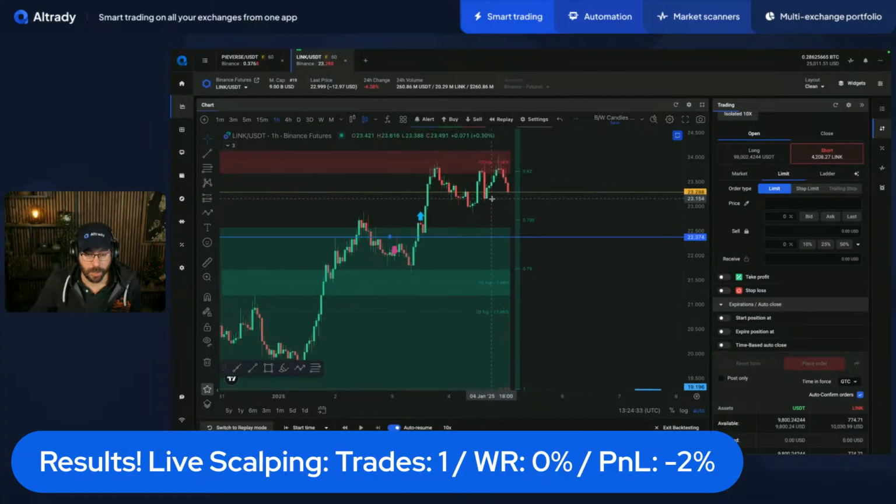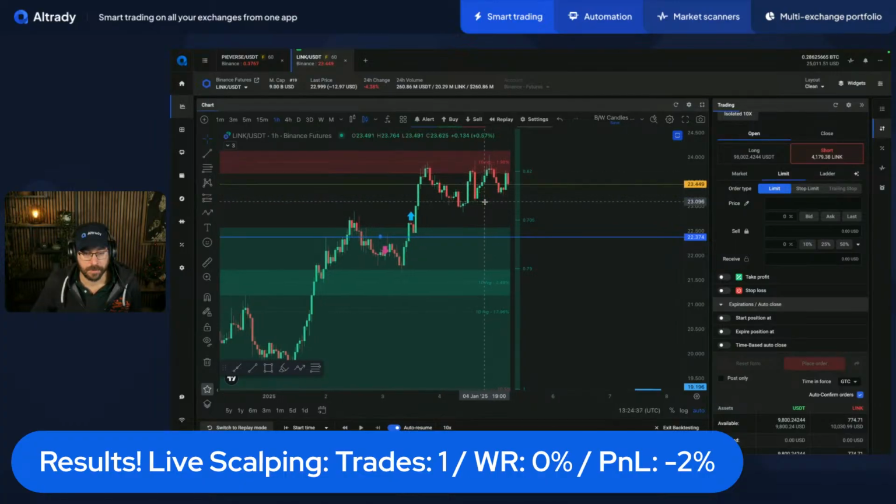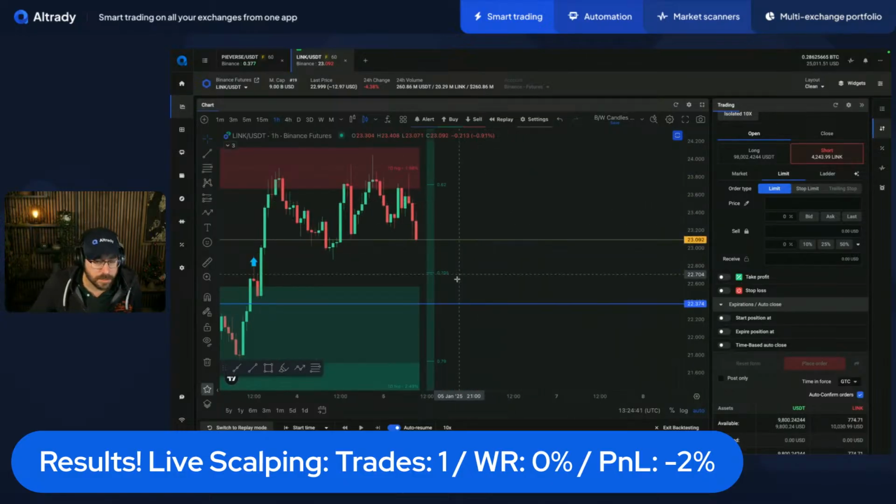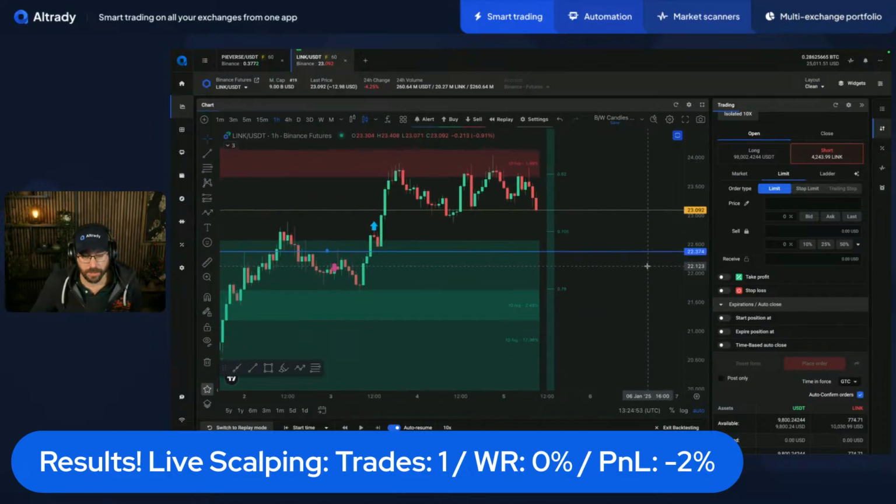So shift would now be here. Technically, this is the low. The close is where we're close. 23.92. It's the same. Does that count? That's too marginal.